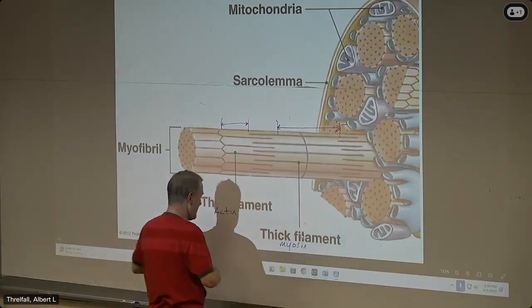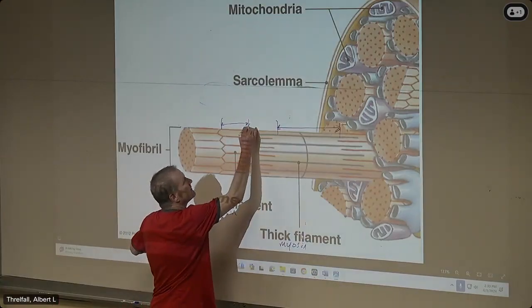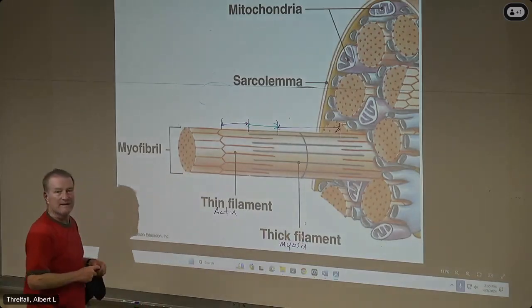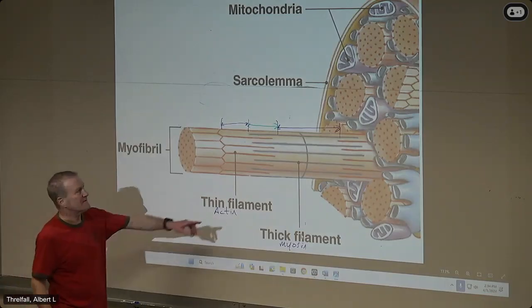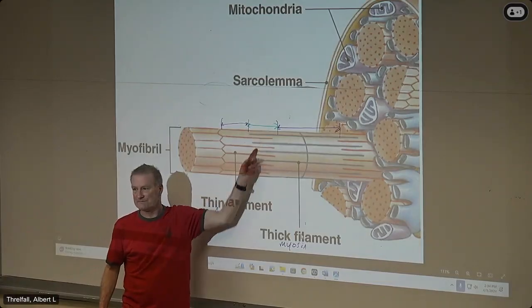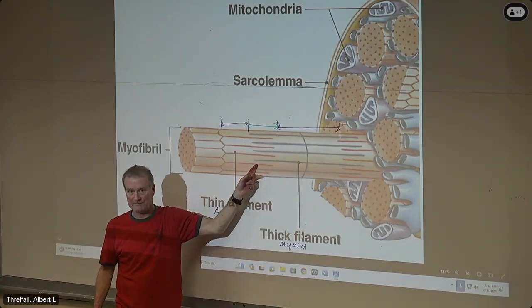And then we have this area right there where the thin and the thick overlap. Those striations that we see with lower magnification are right here. Here's why they're right there.